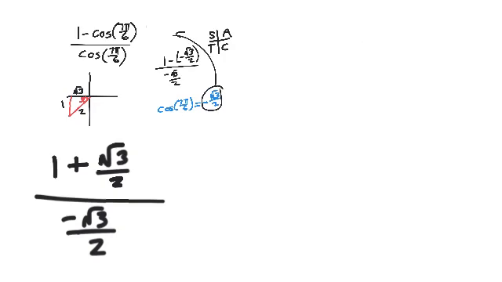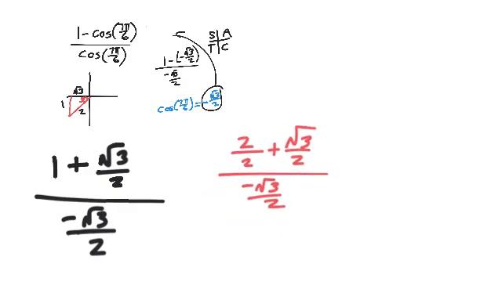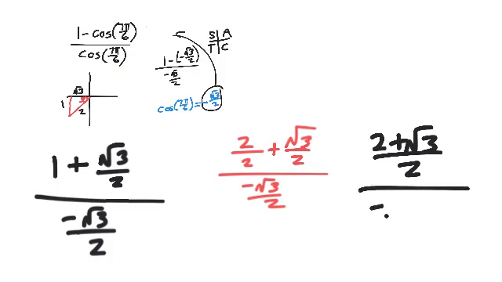So I can put both of those as over 2. So that would give me 2 over 2 plus radical 3 over 2, all over negative radical 3 over 2. And then we want to write that as a single denominator. So my next step would be that is 2 plus radical 3 all over 2. And then this is divided by negative radical 3 over 2.